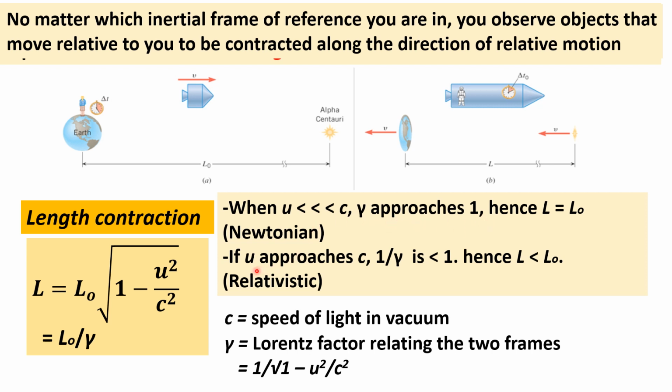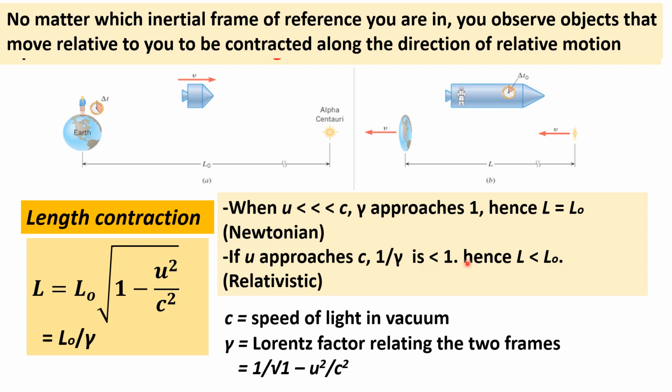But if the speed u approaches the speed of light c, 1 over gamma, or the reciprocal of gamma, will become less than 1. And that would mean that the contracted length L will be significantly less than the proper length L naught.